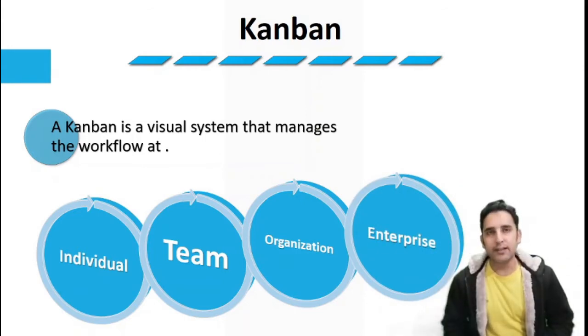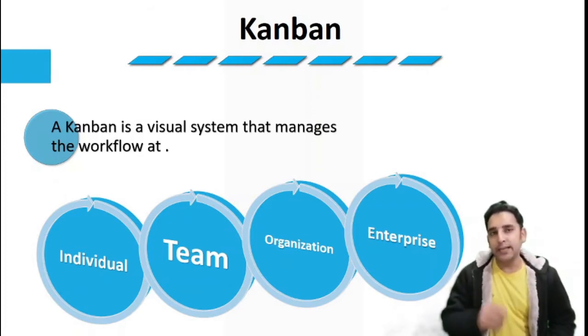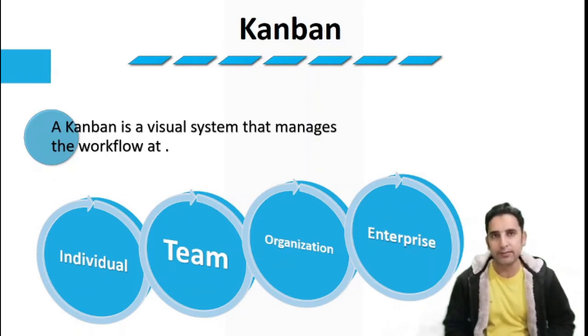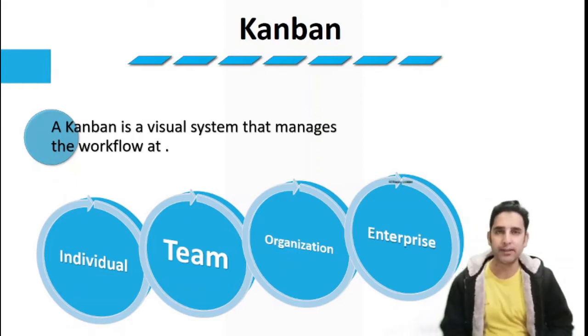In a nutshell, Kanban can manage the workflow of your project at any level: individual, team, organizational, and enterprise. In recent years, Kanban is widely being adopted at the organization and enterprise level, which is where we can see the true applications of Kanban nowadays.